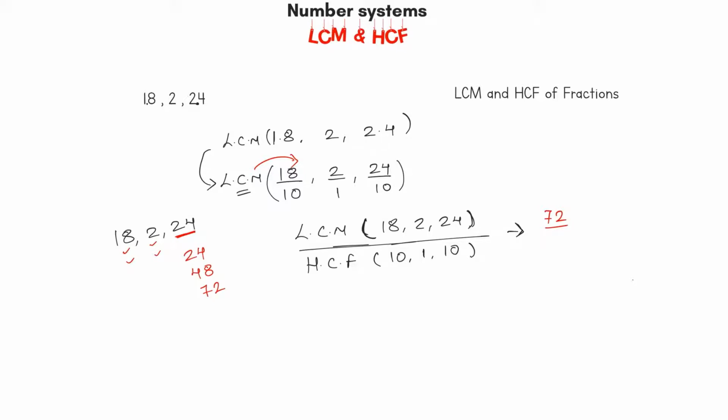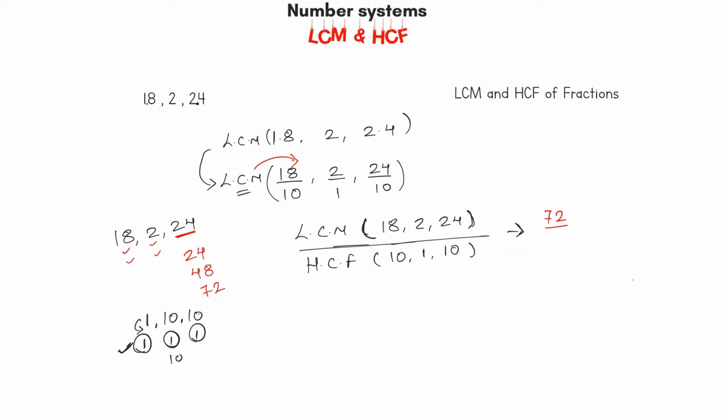Now I need the HCF, highest common factor, of 1, 10 and 10. What is the highest common factor? 1 has only one factor, that is 1. So obviously the highest will be 1 here.